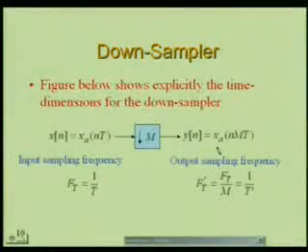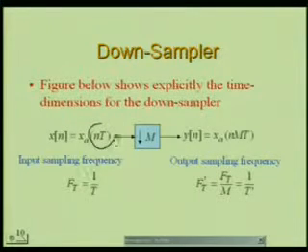Basically, x n is a discrete sequence which can be obtained from the analog version, say x a t, where t is replaced by n T. You know the discretization procedure.